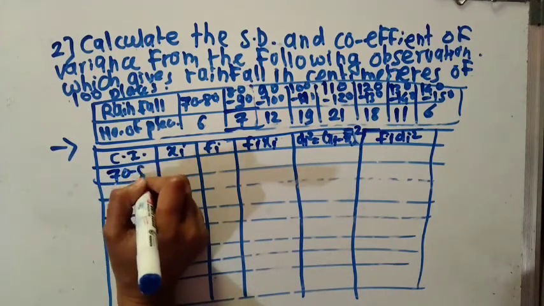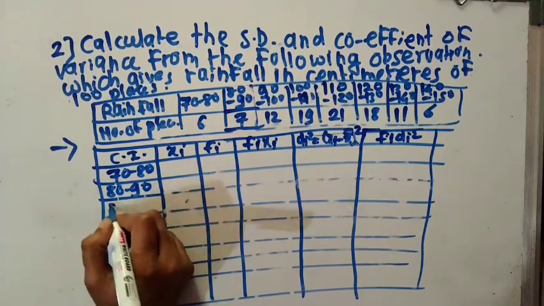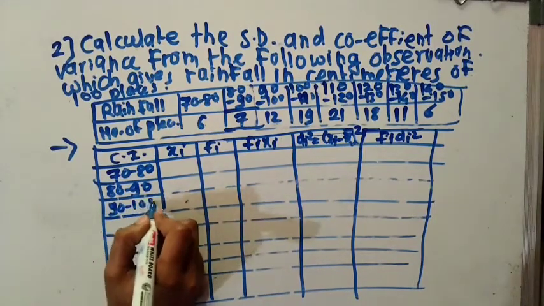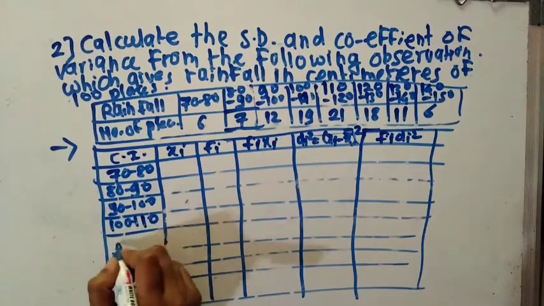Then 70 to 80, 80 to 90, up to 100 to 110.